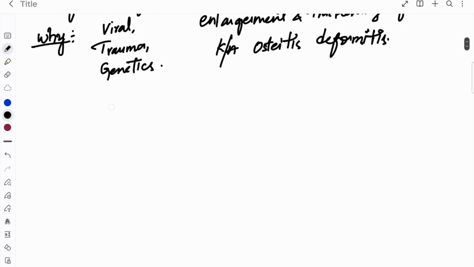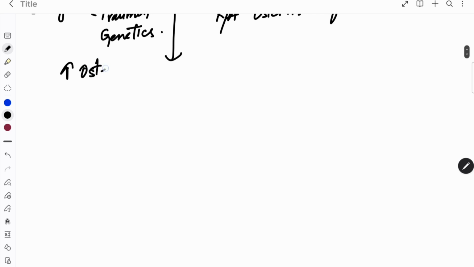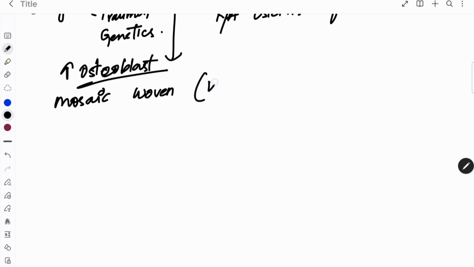So as the osteoclastic activity increases, the markers of the osteoclast also increase. At the same time, the osteoblast increases, and the markers of the osteoblastic activity also increase. So this results in formation of bone, which is a woven bone, mosaic bone, which is usually brittle. It's a brittle bone.